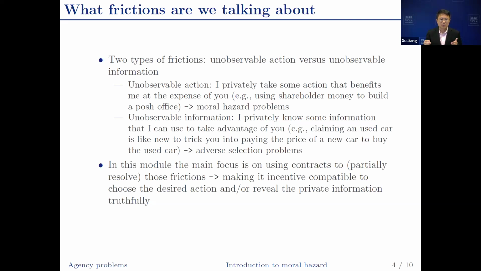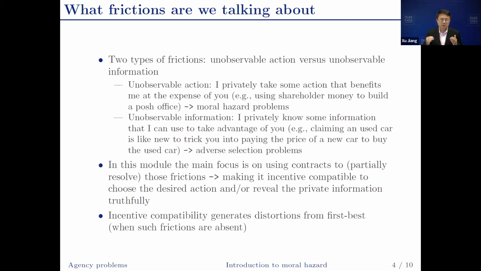So we want to make sure that the contracts make it incentive compatible to choose the desired action and reveal truthfully the private information. So I cannot observe your action, but I can make it incentive compatible for you to do the action I would prefer. I cannot observe your private information, but I can make it incentive compatible for you to reveal the private information truthfully.